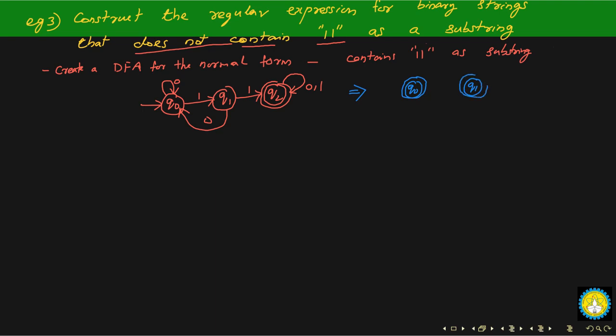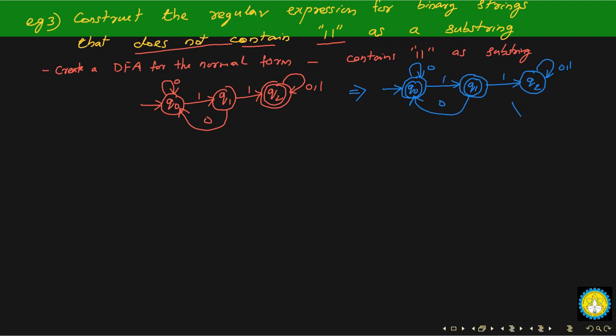This is something we have already looked at in the early part of our course. Q2 is a final state in our normal form, so Q2 is going to be a non-final state. All the transitions will remain the same. There is no change in the transitions. Upon 0 or 1, you stay at Q2. So this is going to be our DFA for the complement form.